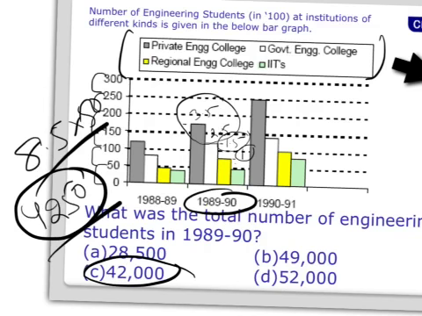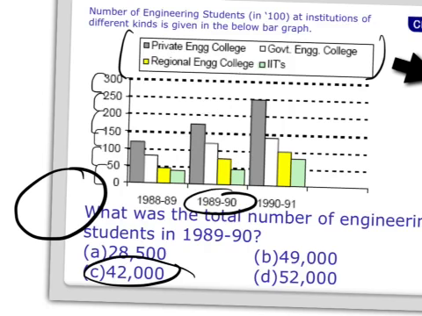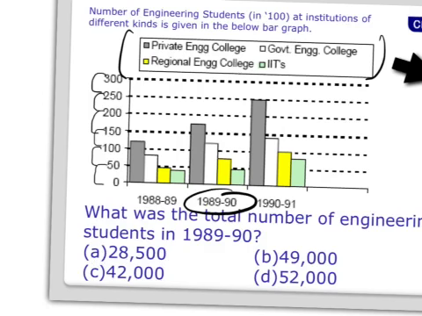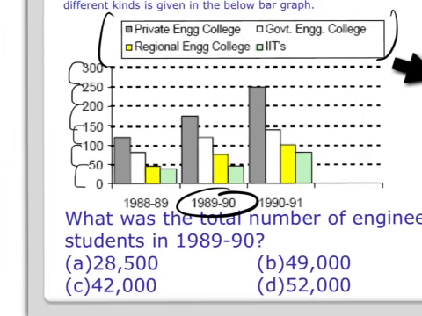So let me do it again. What I'm saying is, rather than adding up all the numbers, we are adding up the blocks. So this is 2.5 blocks, this is 3.5, 2.5, 1.5, and 1, which is a little less.